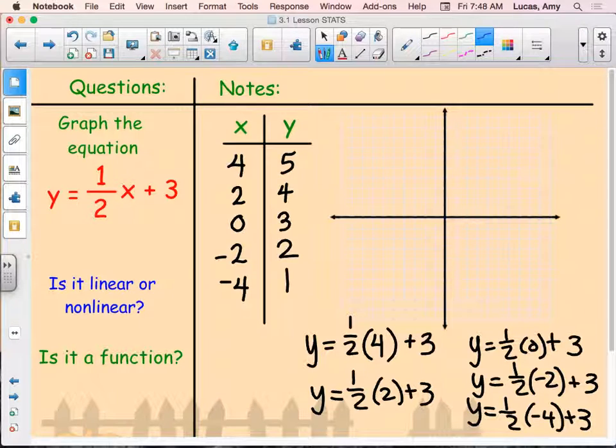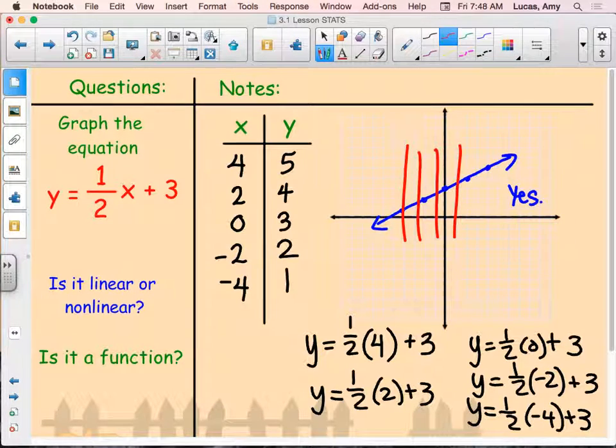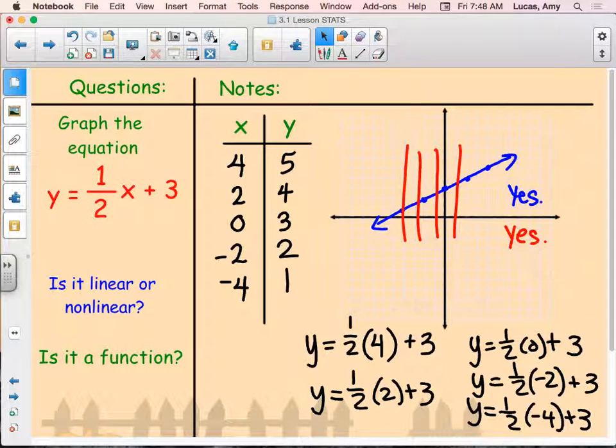So we've got 4, 5, 2, 4, 0, 3, -2, 2, and -4, 1. This is linear. So yes, it's linear. And is it a function? Yes. So we had two linear functions, and a lot of nonlinear functions.